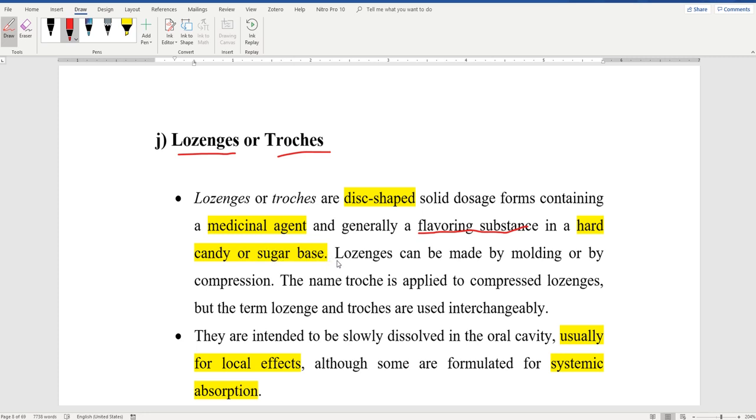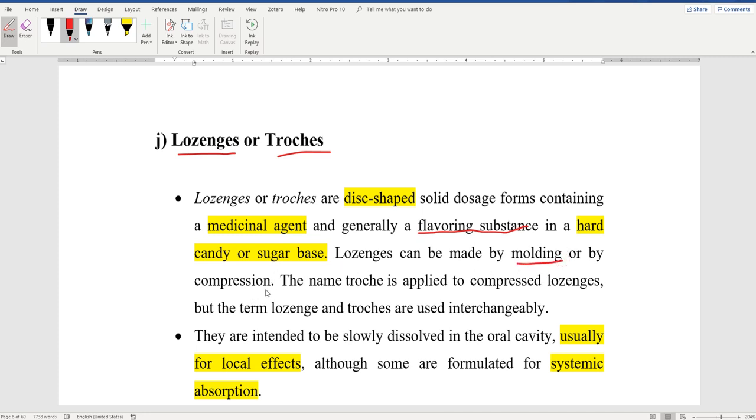Lozenges can be made by molding. إذا بتتذكروا, if you remember, molding is the secondary way for preparing tablets. يعني secondary, I mean most tablets are prepared by compression. Now lozenges can be prepared by compression or by molding.